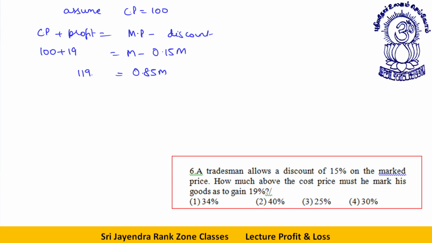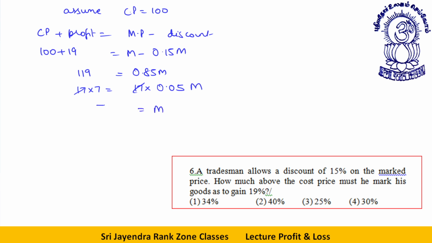Okay, dear students, this is actually 17 into 7, and this is 17 into 0.05. The 17s cancel.